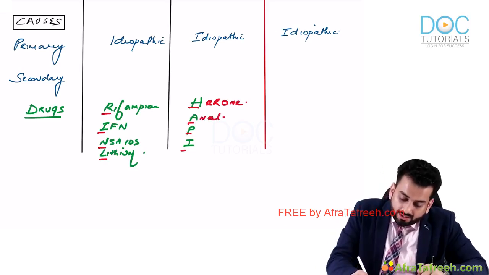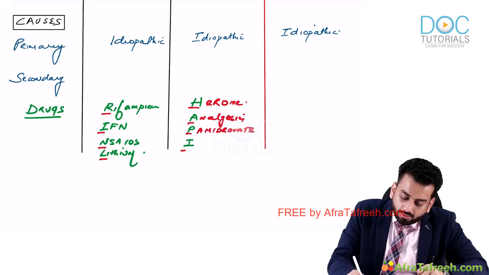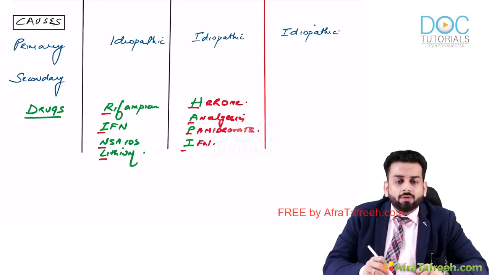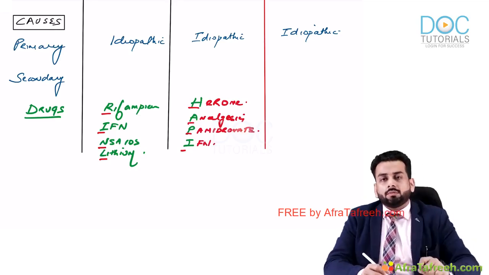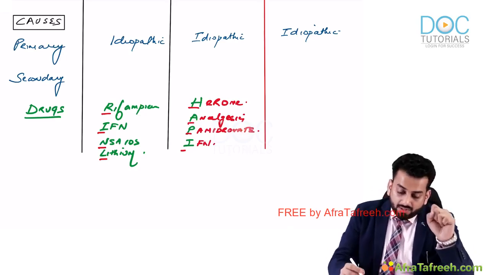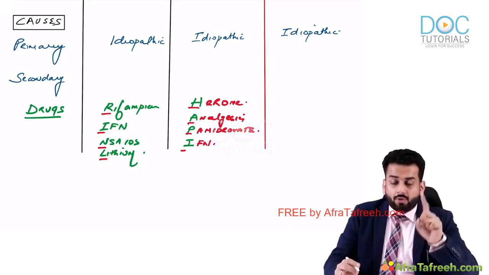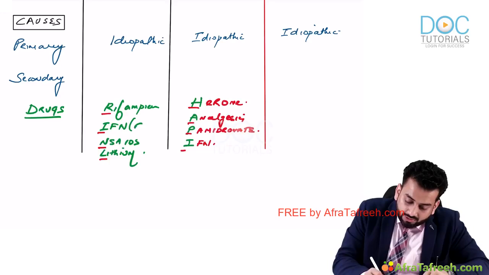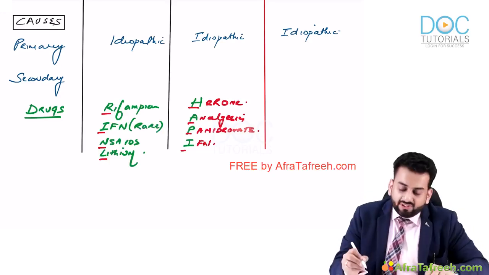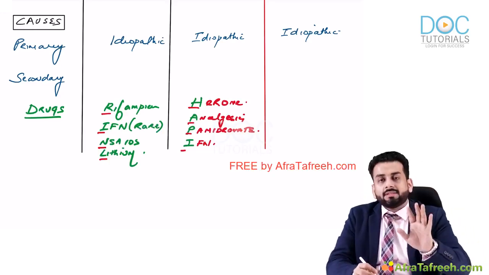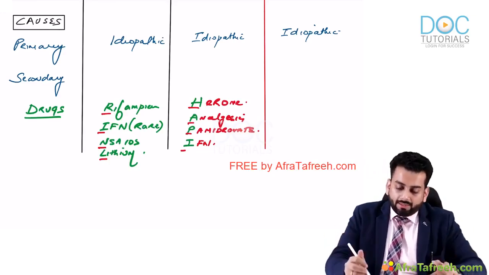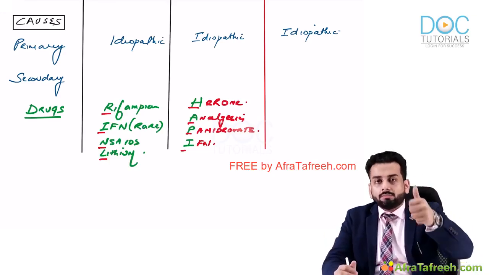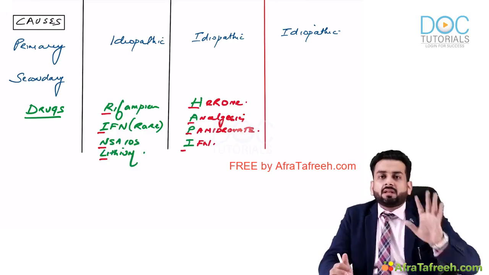Also, A for analgesics, P for pamidronate, I for interferon. Now, if you have to mark one disease for interferon, you will mark FSGS, because interferon association with MCD is rare, is uncommon, though it is reported, but FSGS is a more common entity which is reported with interferons.